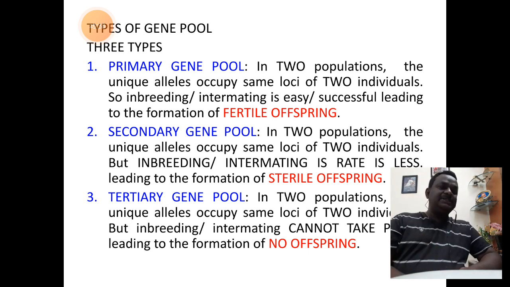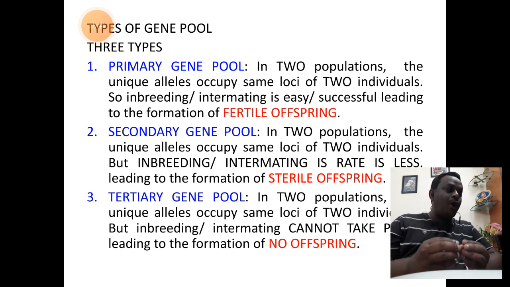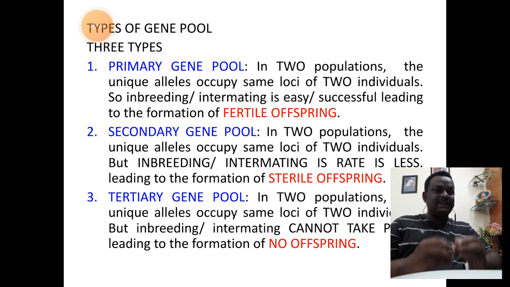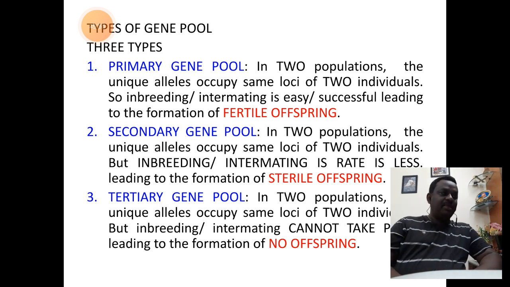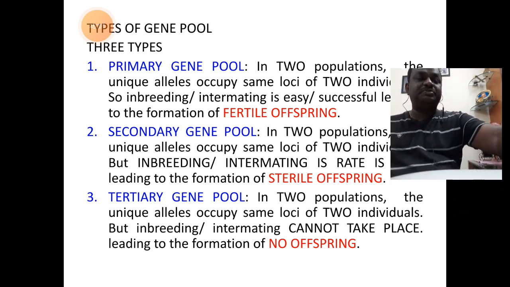The next one is the secondary gene pool. In the secondary gene pool type, the loci of the unique alleles also remain the same, but the interbreeding rate is very low, leading to the formation of sterile offspring.